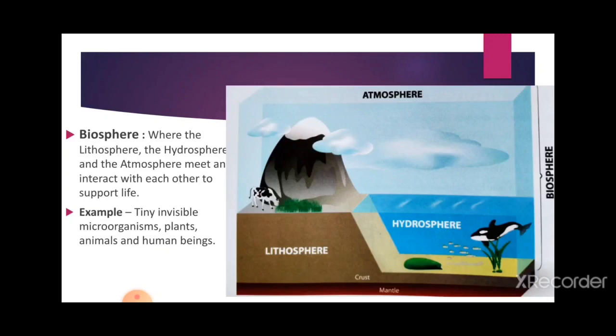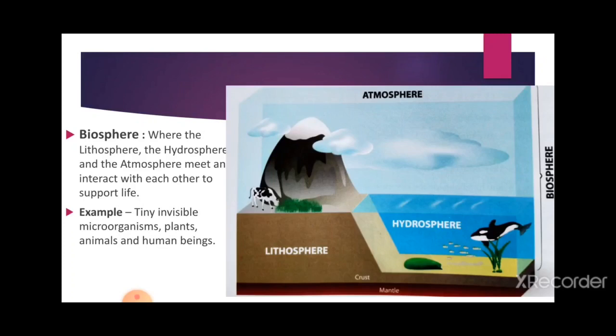When these all get mixed and interact with each other, this makes life possible in a particular zone or area. It is also called the living world or the biological environment.